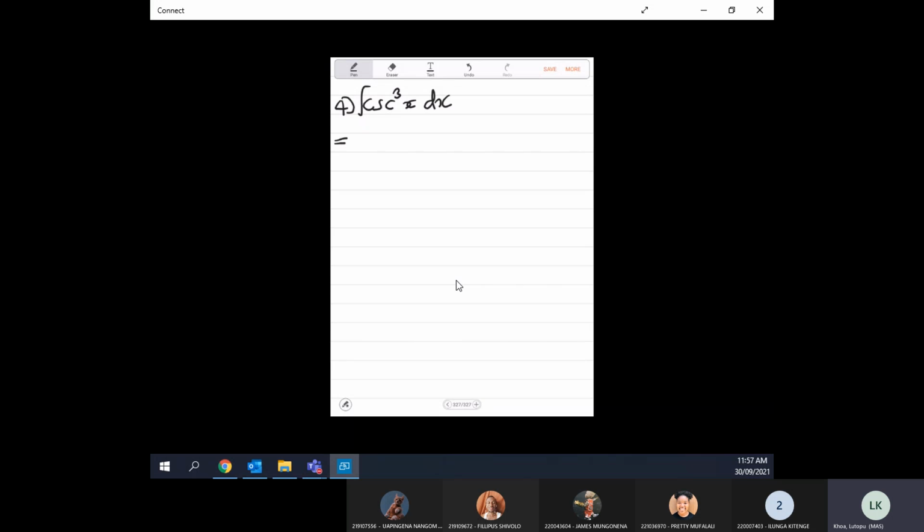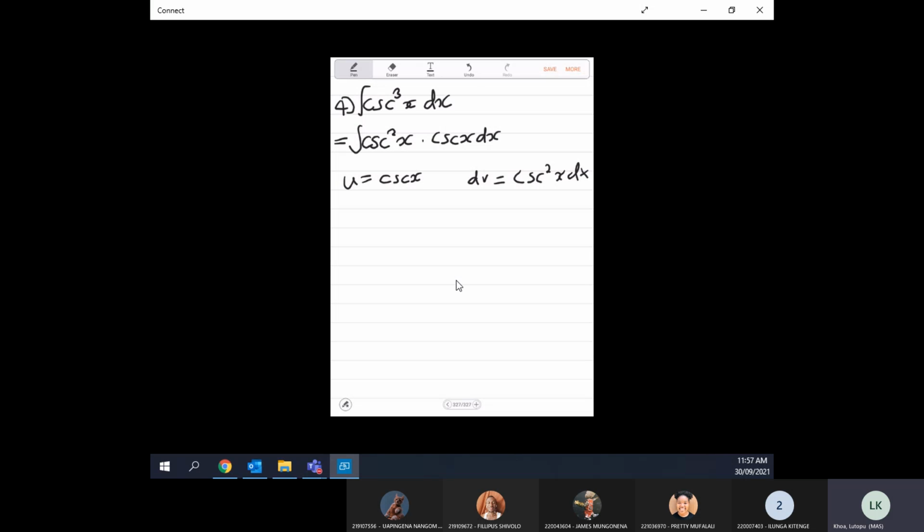So we said this we must write as cosec squared x times cosec x dx. Then we pick a u, which is cosec x, and then dv is cosec squared of x dx.